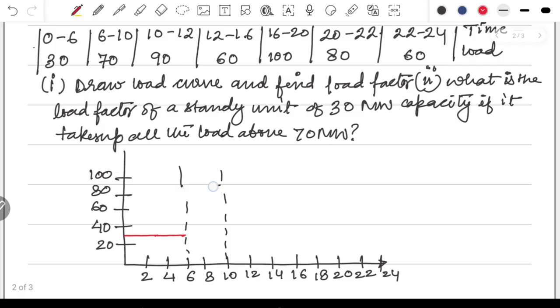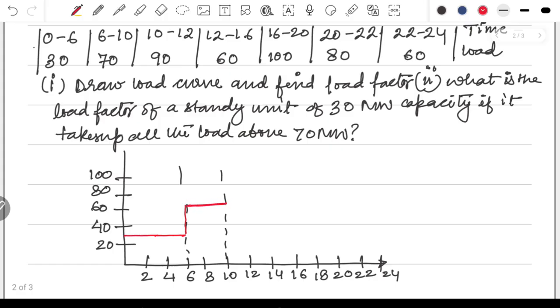Sorry, it should not be here, it should be below. So this is what the 70 is.